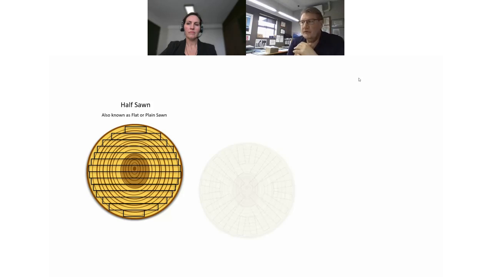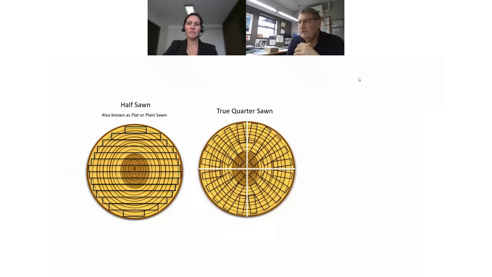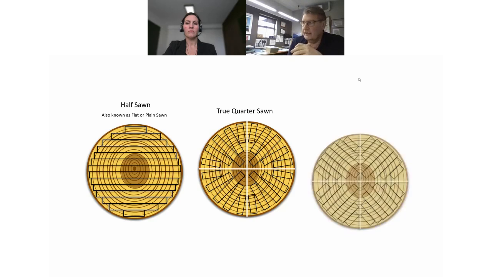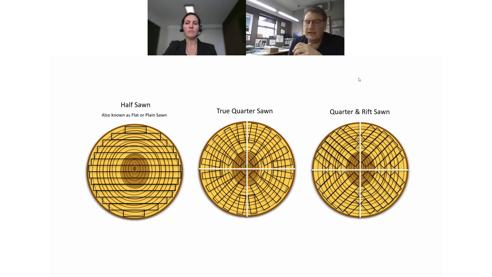Then if you want timber to be a little bit more stable, so you have just those stripes of grain at the end of the timber, you quarter saw it: you cut the log up into quarters and then chop those pieces out to get that nice stable timber. Another, slightly more efficient way is what's called quarter and rift sawn. We're going to go through that in a minute. You can see you get a lot more efficiency.